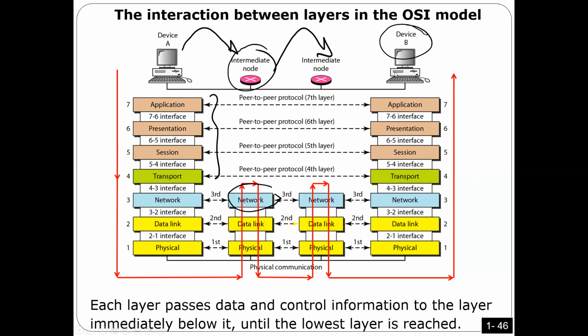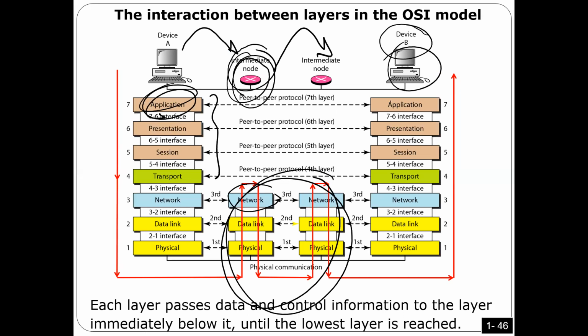We don't need these layers in the middle, simply because, for example, we don't have the application here. Your application is here. You understand what I'm saying? So all the router has to do is just forwarding or routing the data. That's why all we need is only the first 3 layers.